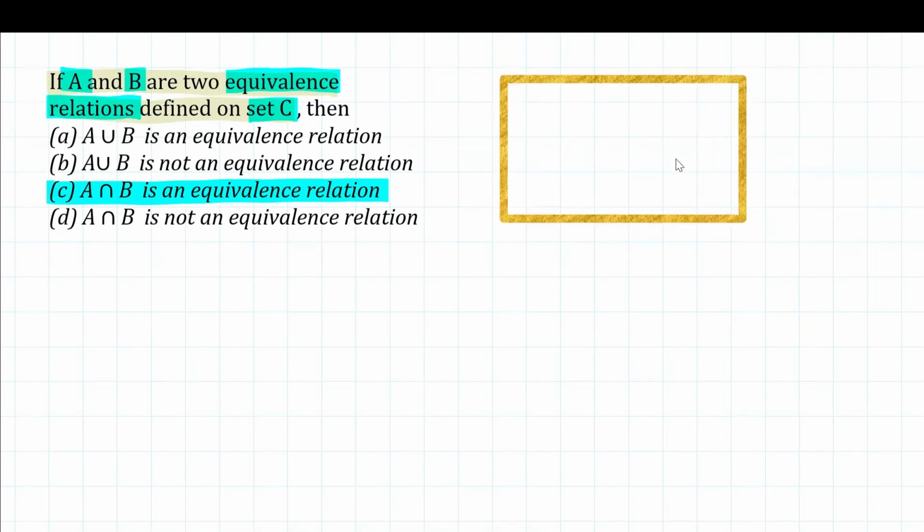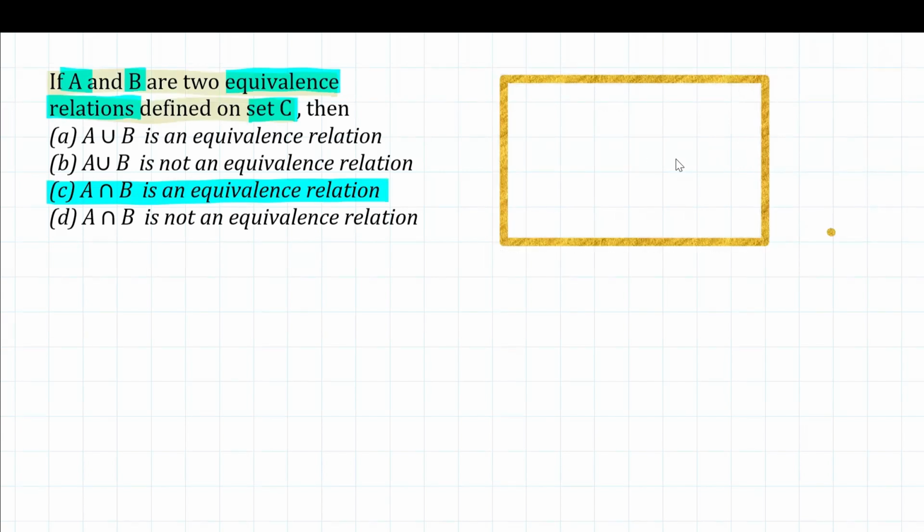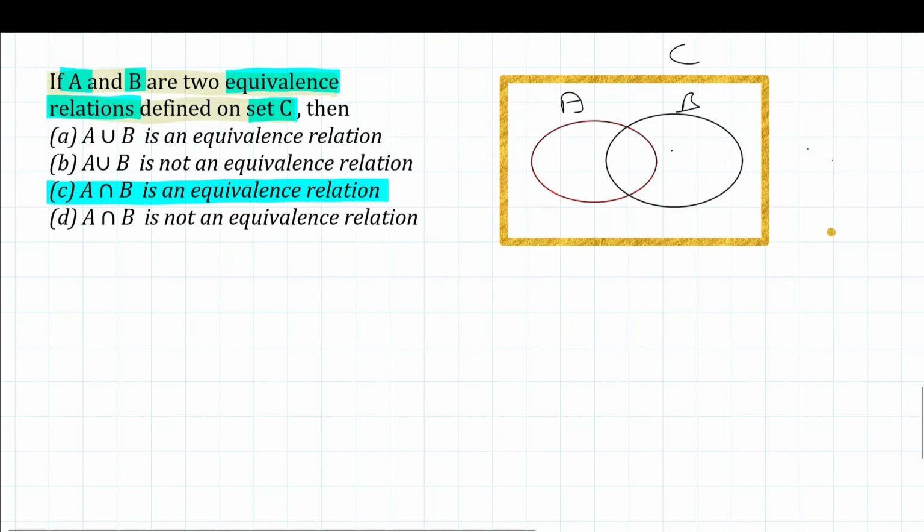Let's say I make a set C over here, and two equivalence relations, the first as this and the other as this. This is A, this is B, and C. Make sure you remember that we are talking about A and B as relations. Now, clearly, this is A intersection B. Figure out why A intersection B will be an equivalence relation.